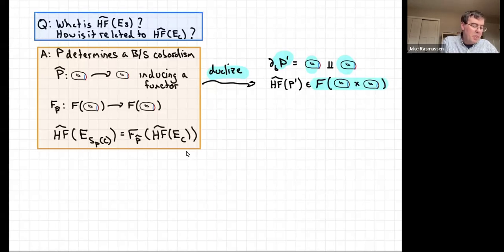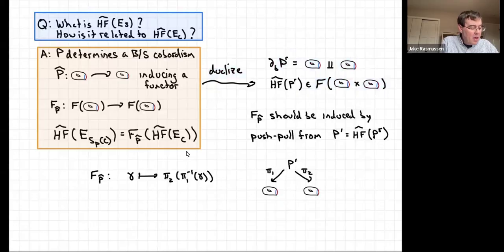Okay. Maybe that sounds scary. That is scary, actually. That's much scarier. But in the best possible case that we could hope for, this object here is really induced by a Lagrangian surface, a geometric surface inside of this product. And this functor is just push-pull.